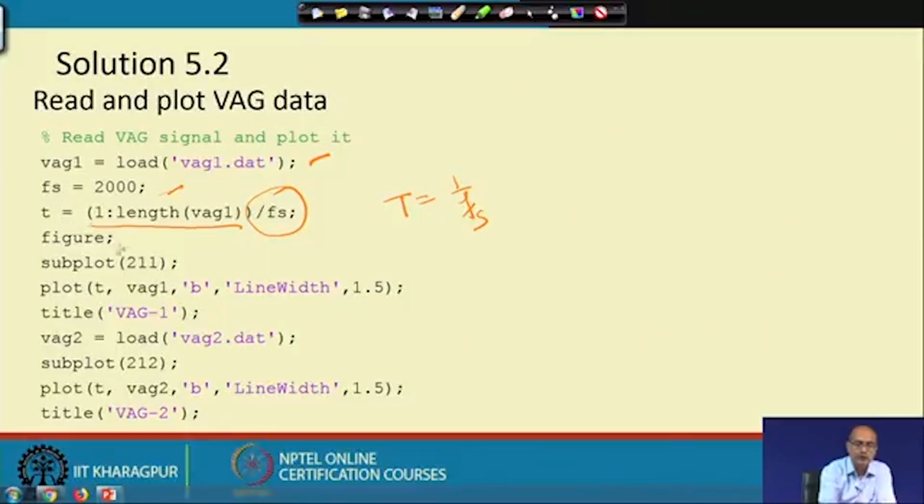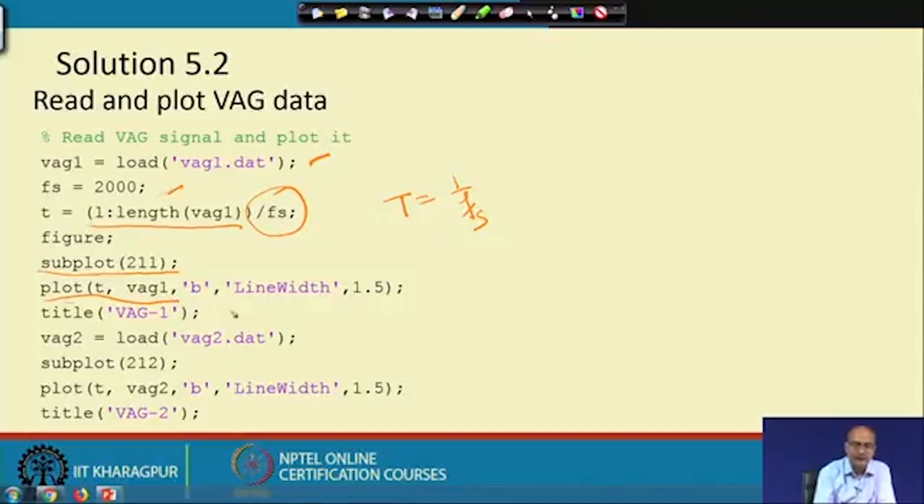You issue the figure command to create the pane, then we divide it into two parts. In the top half, subplot 211, we plot the VAG1 signal with respect to time.